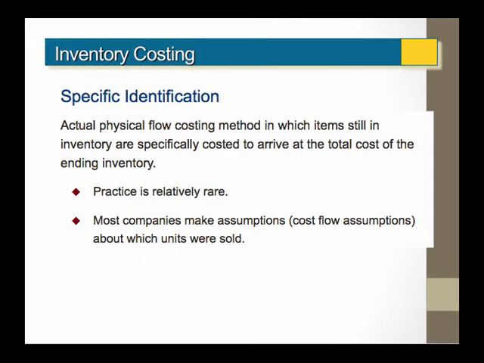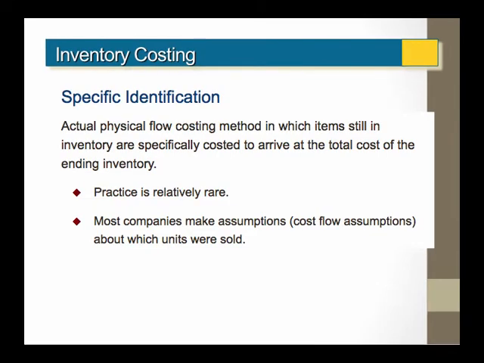We find that very few companies use the specific identification method because we have to specifically identify the cost to every inventory item. So normally, this method is used when a company has very few inventory transactions, or if the dollar amounts are very high and they are customizable.